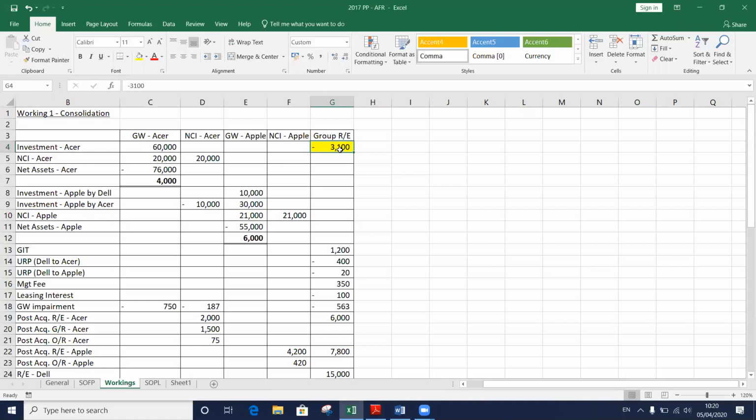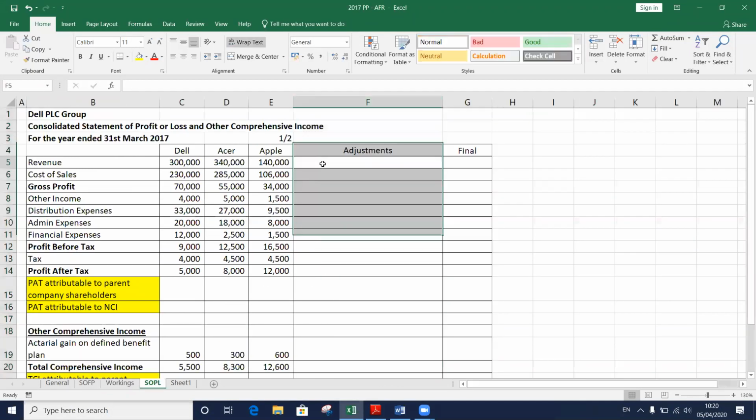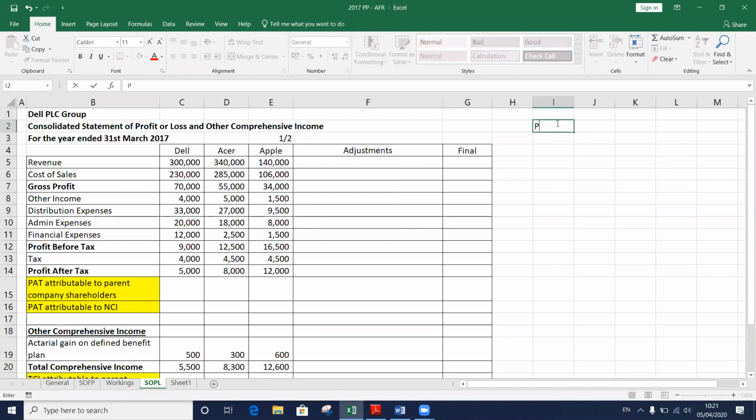What is this 3,100? Can you remember? This is our finance cost. So that is our financial cost. It should come under financial expense. Is profit a debit balance or a credit balance? Credit balance.